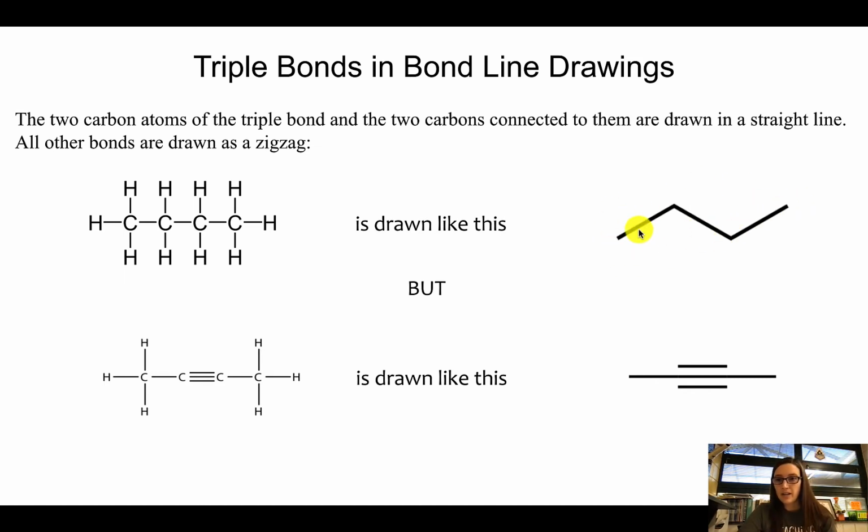We do not show any carbons or hydrogens that are attached to carbons. But then if we take a look at this bottom structure, so we have carbon single bonded to carbon, triple bonded to another carbon, and single bonded to another carbon. Notice how it's actually drawn in a straight line, because you do not want to put a triple bond in a zigzag pattern because triple bonds are linear.